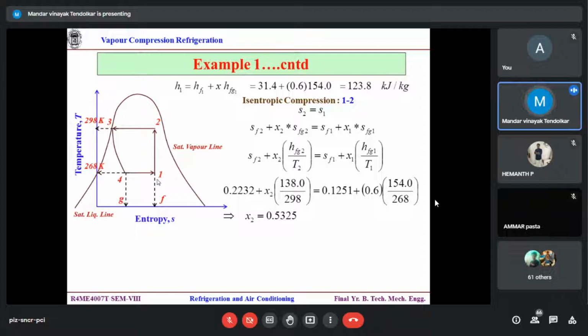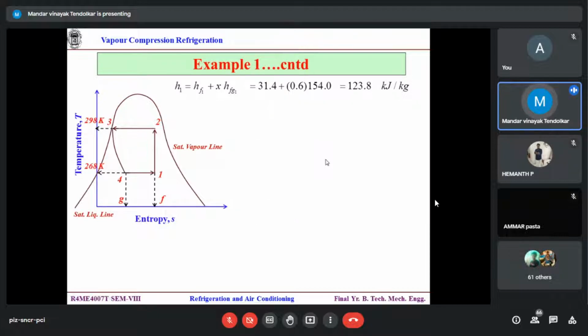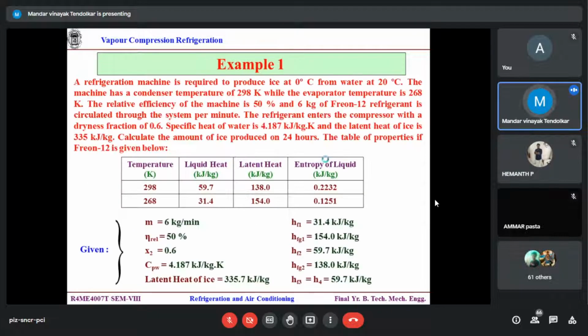So what is state 1 over here? What is state 2 over here? So I can substitute for SF2 and SF1 from here. Do you agree?